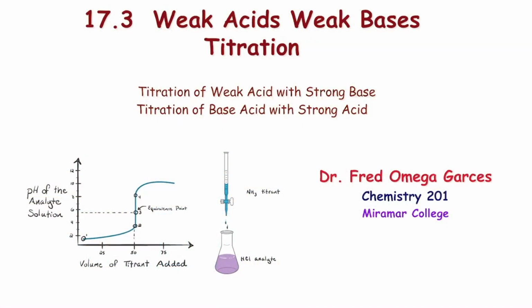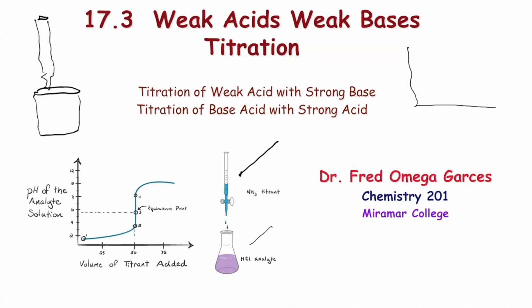You always know there's two components in a titration curve. There's actually more, but two major players. The first one is the analyte, and the second one is the titrant.